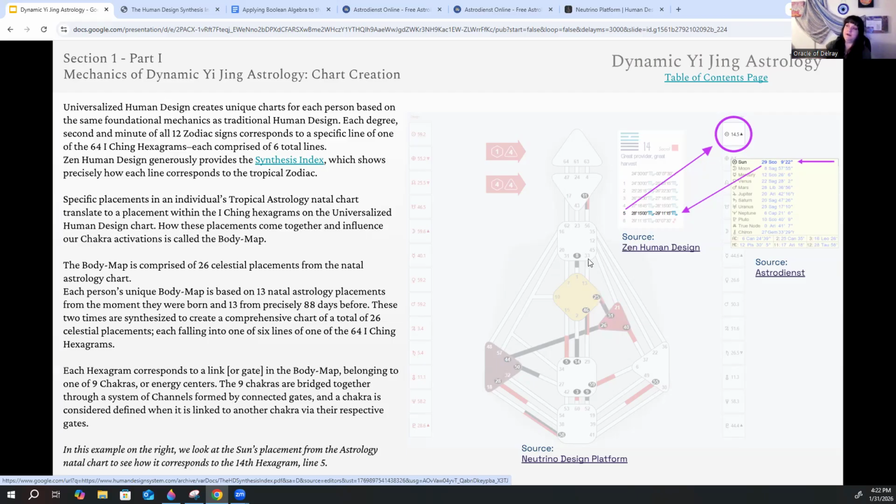Otherwise, planets will just fall in what are called hanging gates when they're not connected to a channel. When channels are white, they're considered open or not defined, and the ones that are colored in are considered defined.